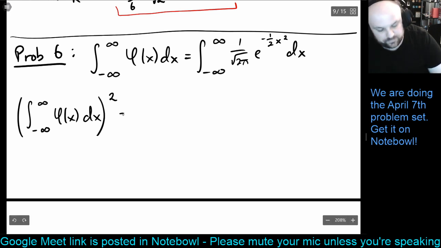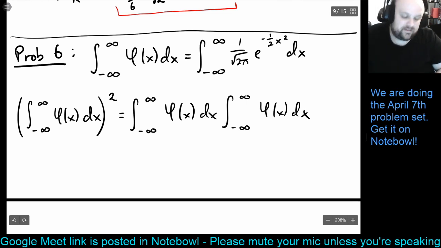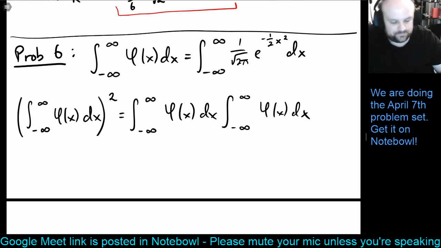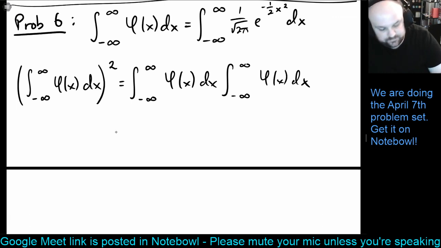Right? So this says essentially that I'm integrating this function twice and multiplying it together.